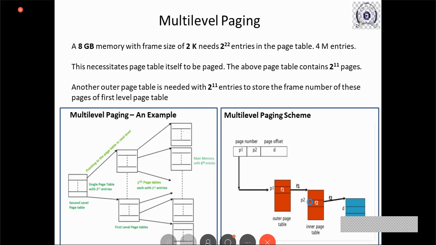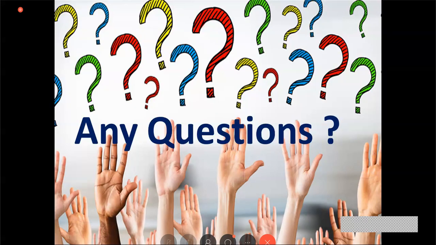After getting F2 from the inner page table, we add the offset D. If we travel D distance from the beginning of frame F2, we will find the actual instruction.